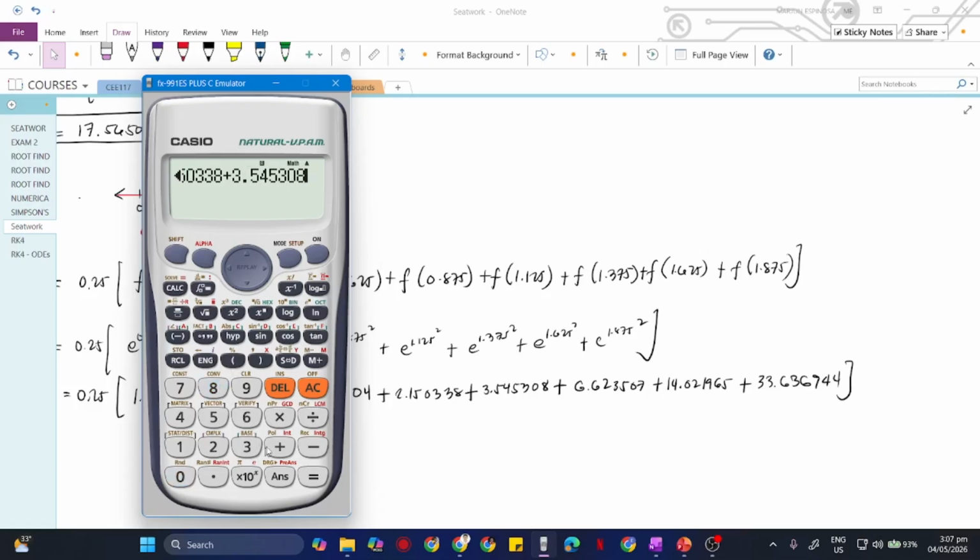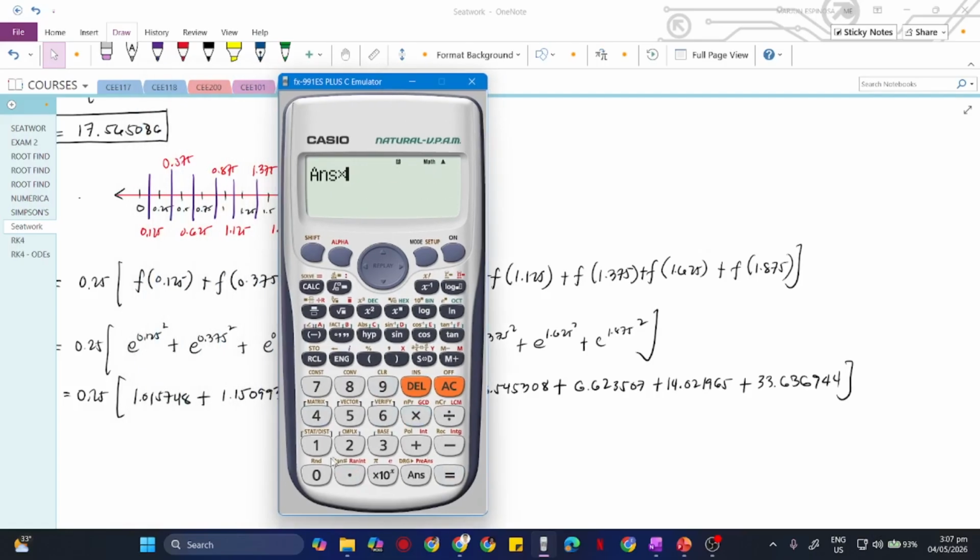Kindly follow my procedure, guys, para to check if tama ba yung magiging value nito, no? You may also use your calculator there, no? Plus lastly 33.636944. You would get 63.